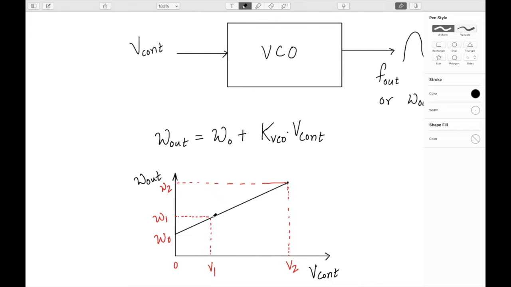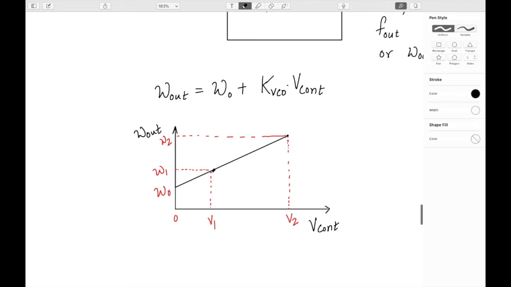So it may not even reach omega naught. Or even if it reaches, it may be just an imaginary line. In real life the characteristic may come down something like this. So the linear region is only from here to here.